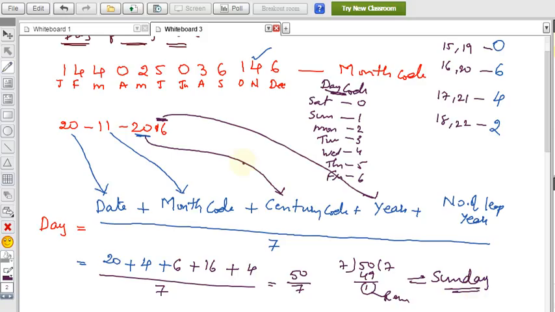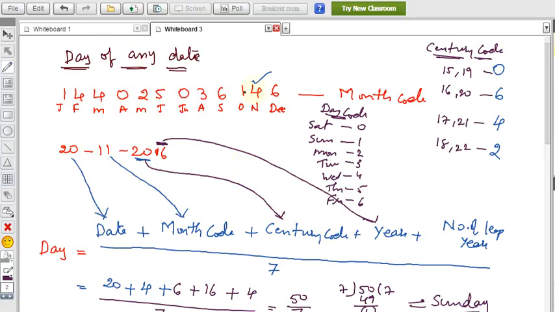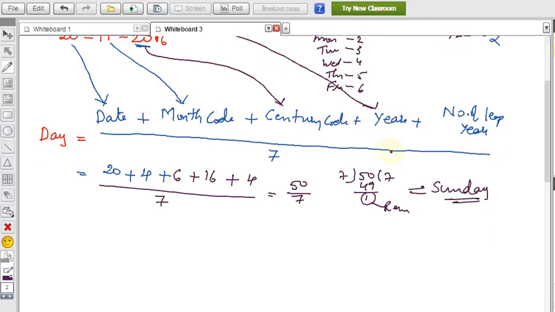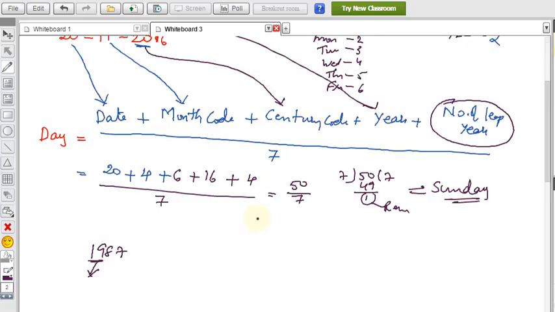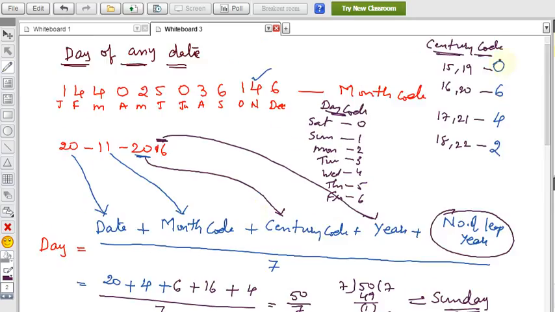So the main thing is we need to remember the 12-digit number for the month code, the century code and the day code. The day code starts with 0. The century code is repeated. And this is the formula. So always, the number of leap years only depends on the years. If it is 1987, then for the century code we take 19, because for 19 that is 0.